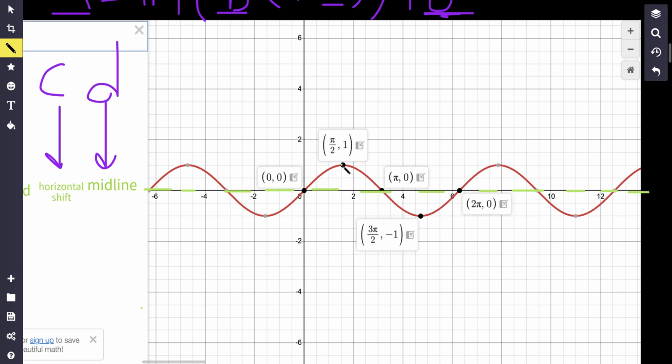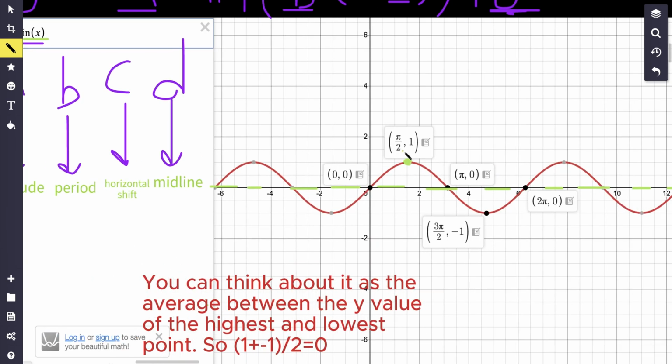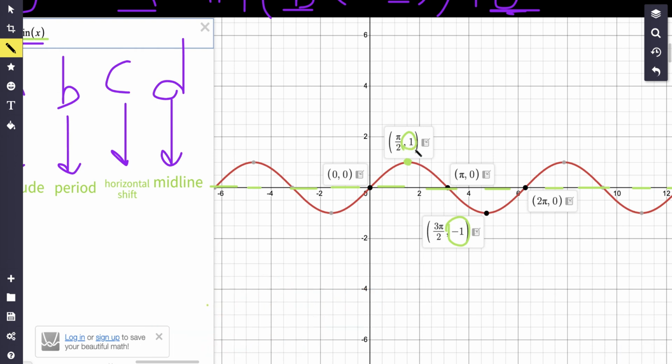In a sine function, the highest y value for sine of x is positive 1, and the lowest value for sine of x is negative 1. So that means that the line that goes in between 1 and negative 1 has to be 0, which represents the midline.